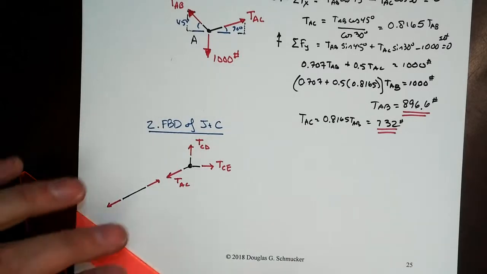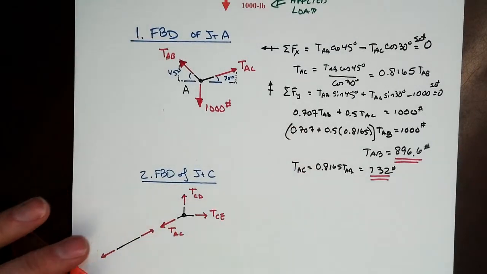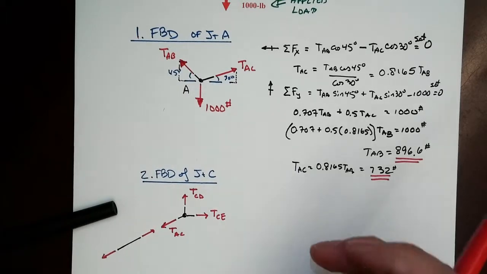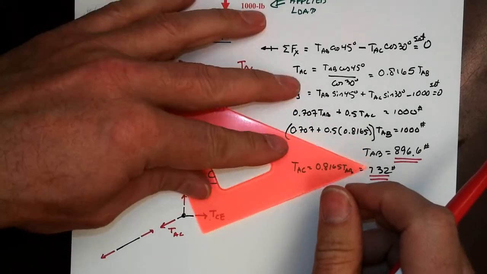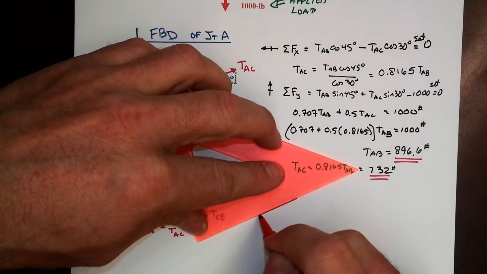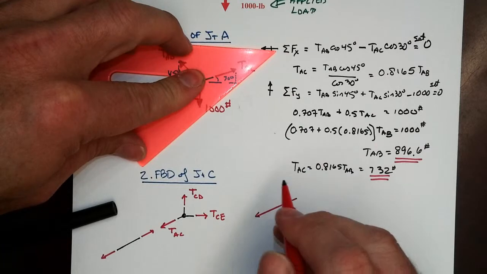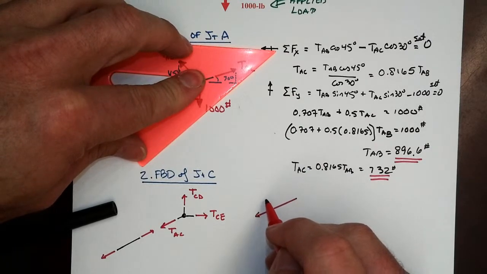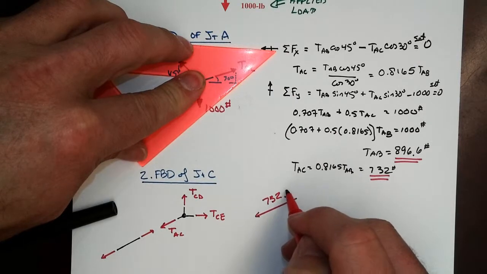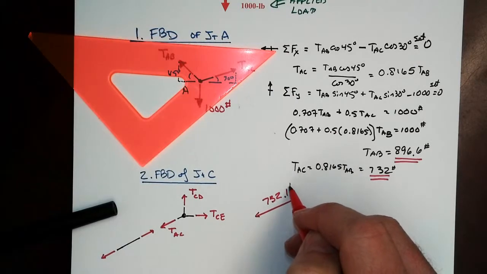Right, now, we could do the same sum of forces in the x and the y. I don't want to do that. I'm going to do the force triangle method, which says take each of the three forces and draw them to a reasonable scale. And so I know that TAC is 732 and change. It turns out to be 732.1 pounds.